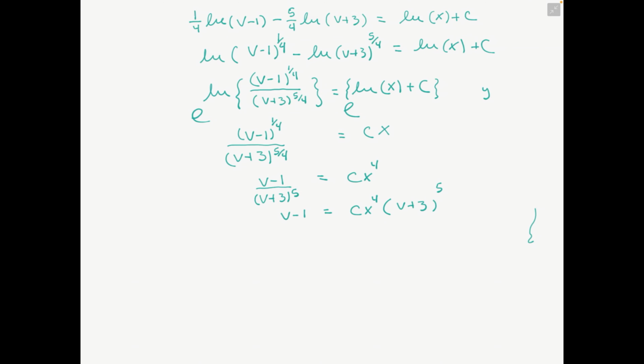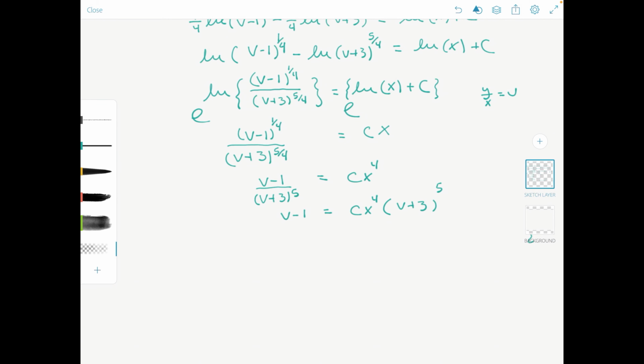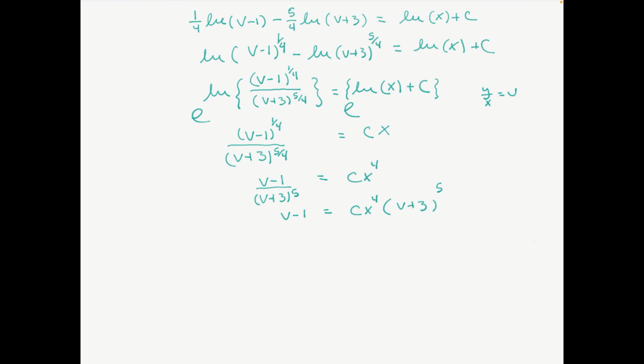And then, again, y over x is v. Let's get rid of this mess I made. And so we got y on x minus 1 equals c x to the 4th times y on x plus 3 to the 5th.